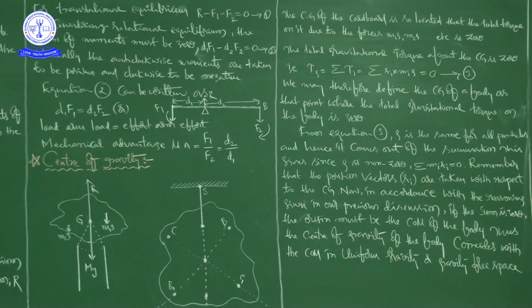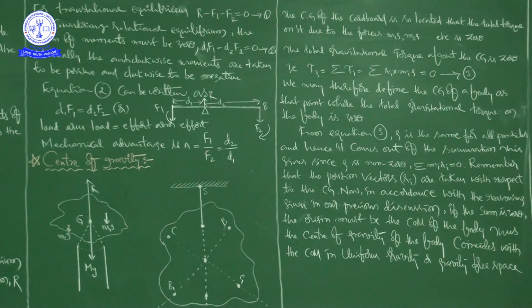Generally, anti-clockwise moments are taken to be positive and clockwise moments negative. If you observe carefully here, the fulcrum itself has 0 moment. This R acts at the fulcrum itself and has 0 moment about the fulcrum.